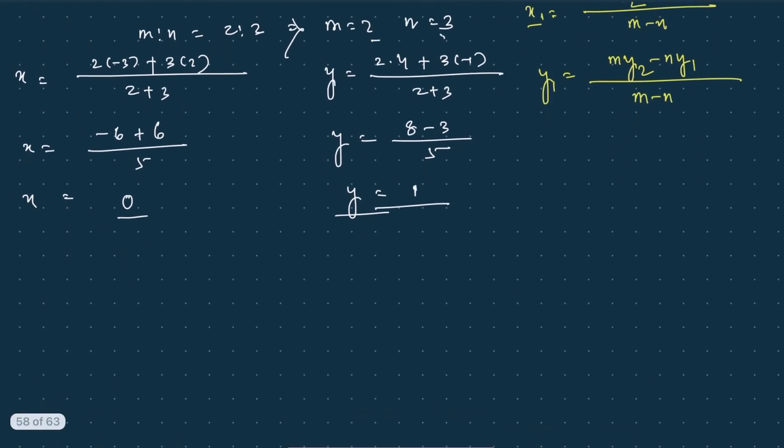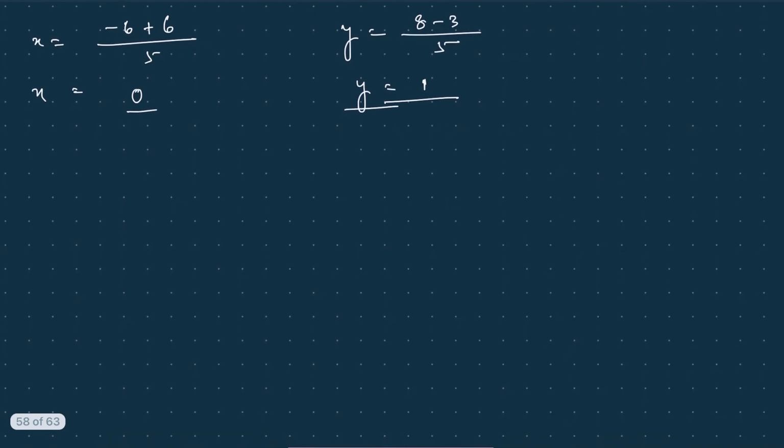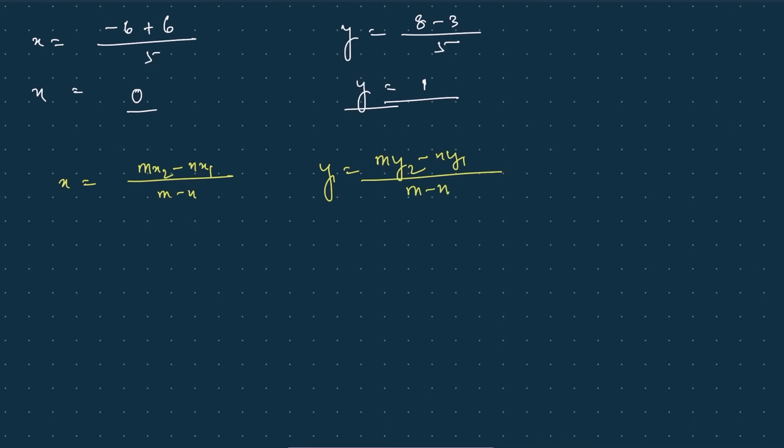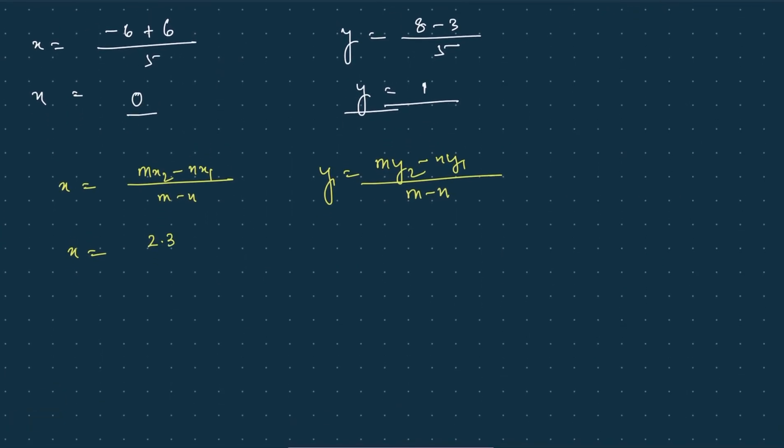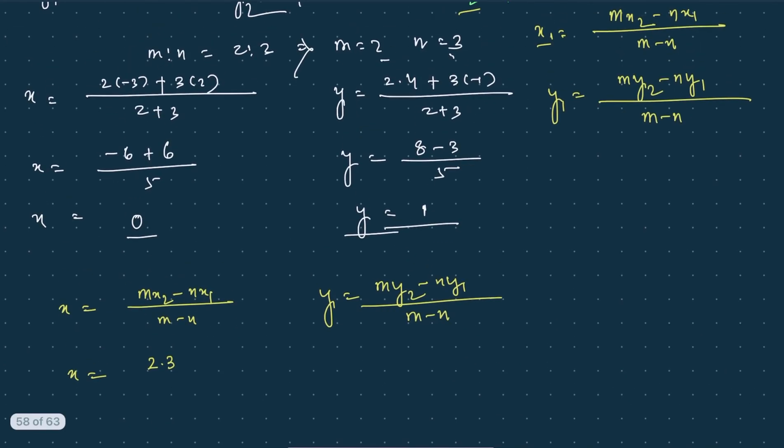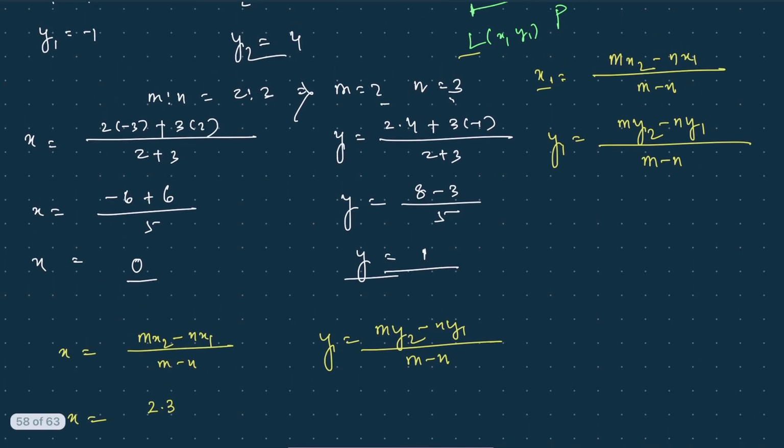But now you need to find the point for the external division. Then again x is equal to (mx2 minus nx1) divided by (m minus n), and y is equal to (my2 minus ny1) divided by (m minus n). Now what is x? x is equal to mx2. m is equal to 2. x2 is again minus 3.